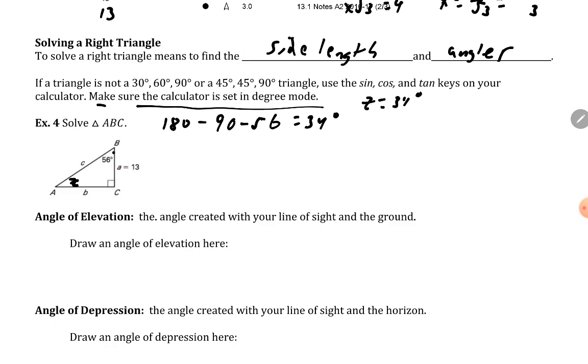Okay, now we need to find B and C since we already have A. So what I want to do is use the angle that is given to us. And we have labeled our sides. This is the opposite of the 56 degrees. This is the adjacent side. And C is the hypotenuse.